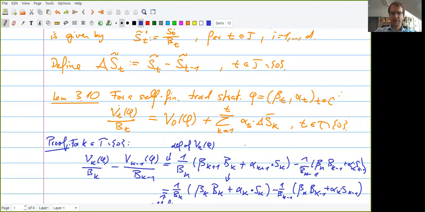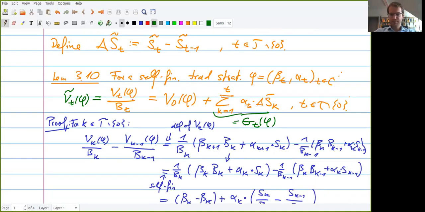It tells us the discounted value process is given by the initial capital plus the discounted gain process. So this here is the discounted value process at time t, and this here is the discounted gain process of phi at time t, right?